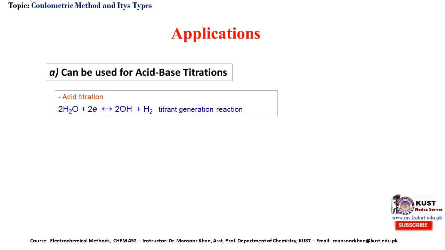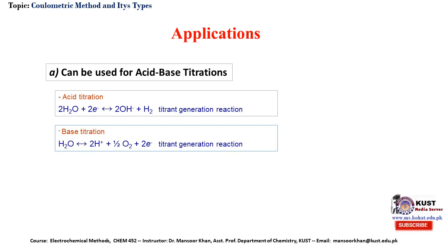The titrant and the titrand are one an acid and the other a base, while the reaction between them is a neutralization. So this is the acid titration, in which water will take part in production and lead to the formation of OH minus, titrant generation, while this one is the base titration, in which hydrogen ion production will take place.